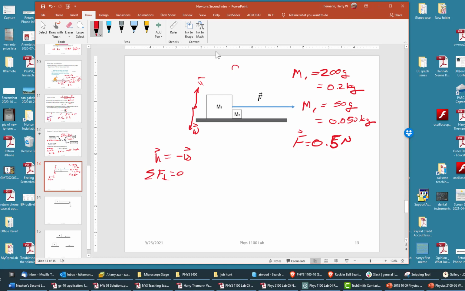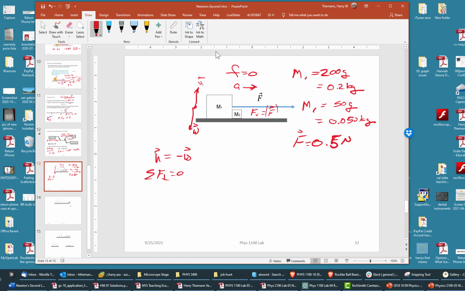We say that there's no friction. So then we see that F parallel is simply equal to F, or the magnitude, if you will, and we already know that it's 0.5 newtons. So obviously we're going to have an acceleration to the right, or at least in the same direction as F.